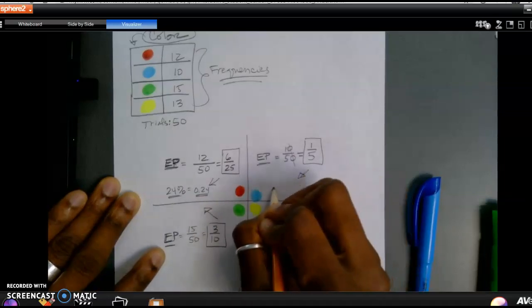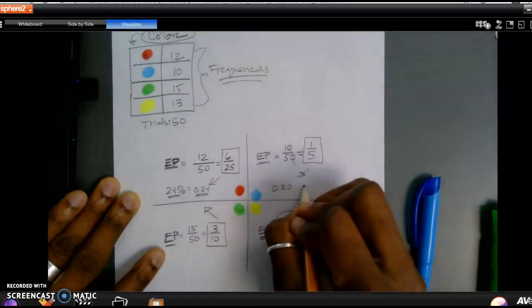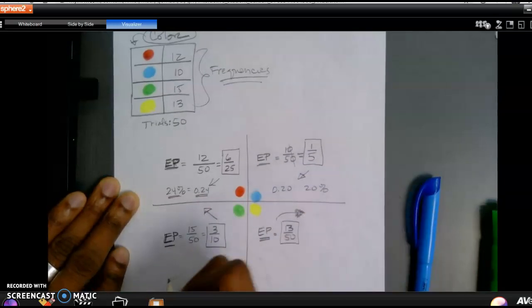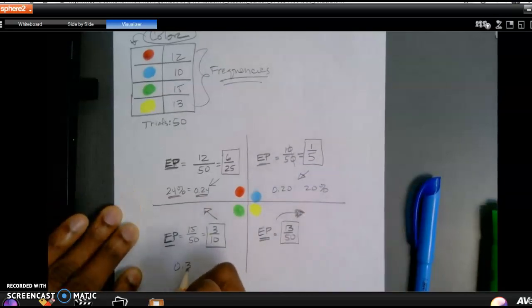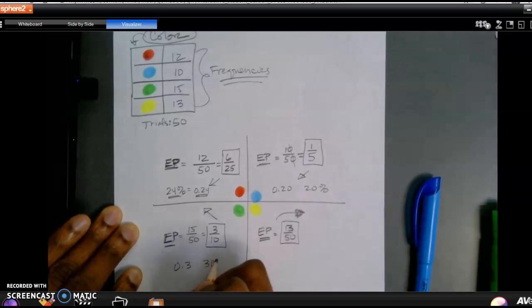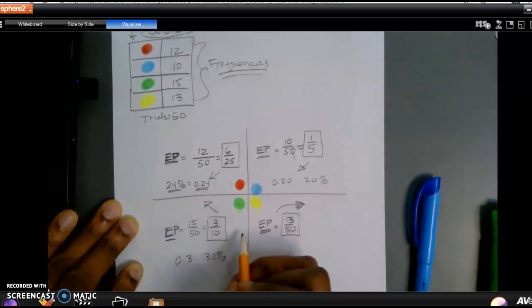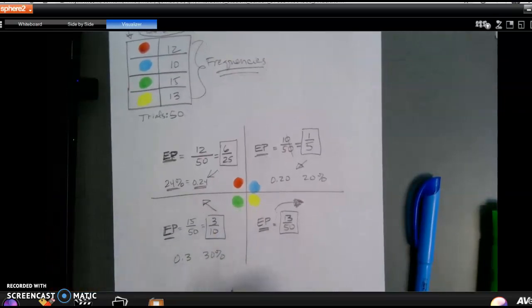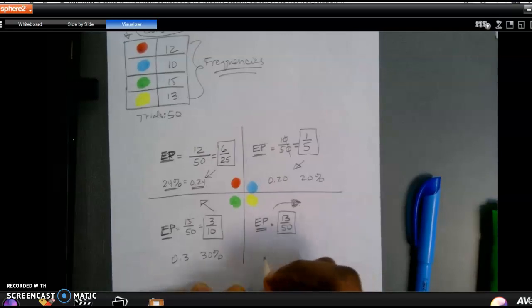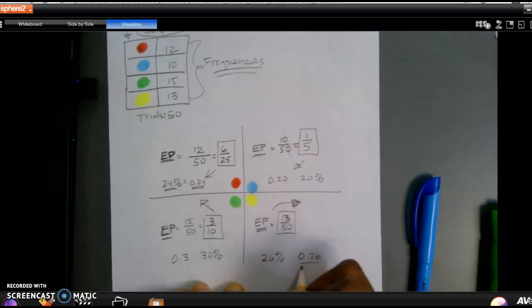For this, I have 0.2 as my decimal, or 20%. This one, I have 0.3, or 30%. Okay, and this is all by dividing this. If you are unclear as to how to do this, parents or somebody watching that isn't familiar with this process, I have a video on converting from fractions, decimals, and percents that I want you to take a look at. And then in this particular case, this is going to be 26% or 0.26.